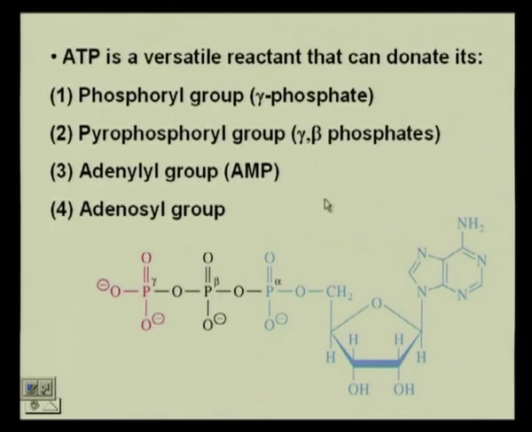Okay. Now, before we get into how these are formed, we need to look at the structure of ATP once more. Okay. What we looked at, what is this now? As soon as we attach this phosphate, it becomes a nucleotide. Okay. So, now that we have the nucleotide, we have an alpha position, a beta position and a gamma position. Okay.